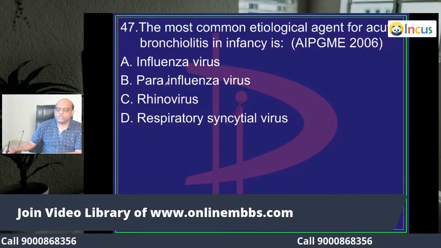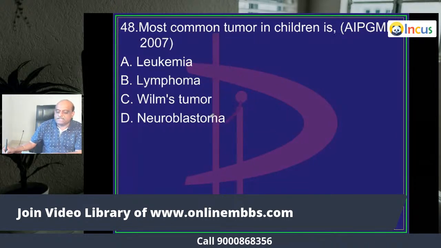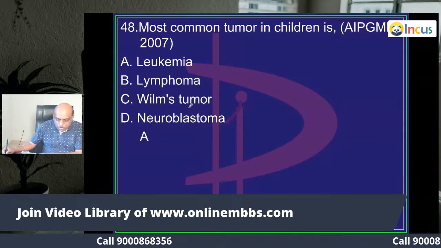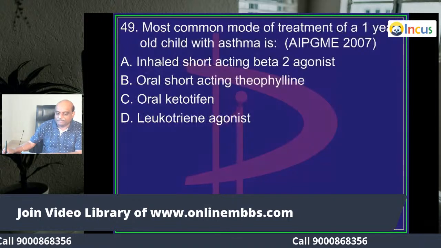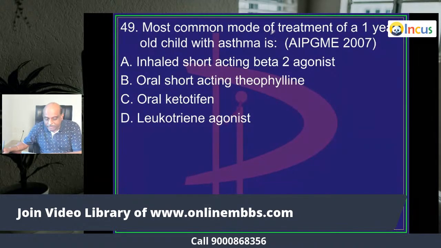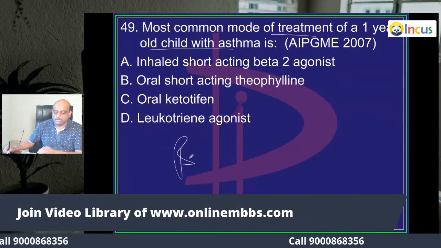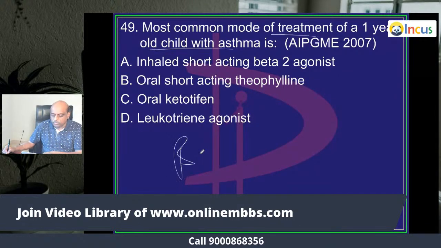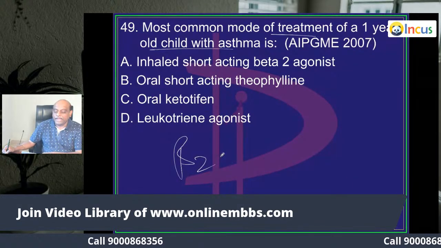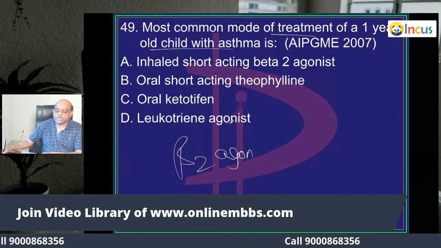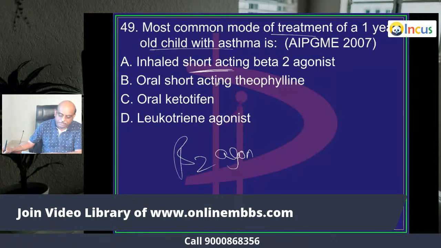Acute bronchiolitis, what is the most common cause? Respiratory syncytial virus. The most common tumor in children is leukemia. The most common mode of treatment in a 1-year-old child with asthma is a beta 2 agonist, which is short acting in nature, like salbutamol.